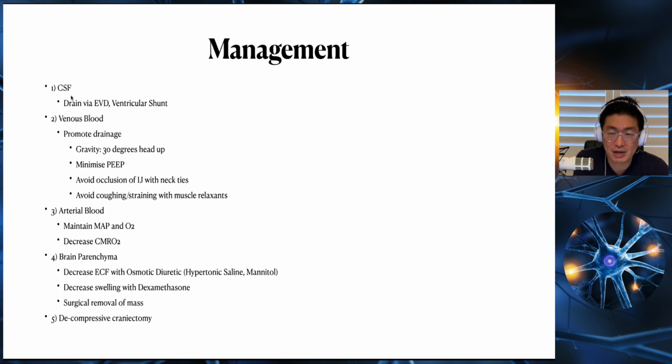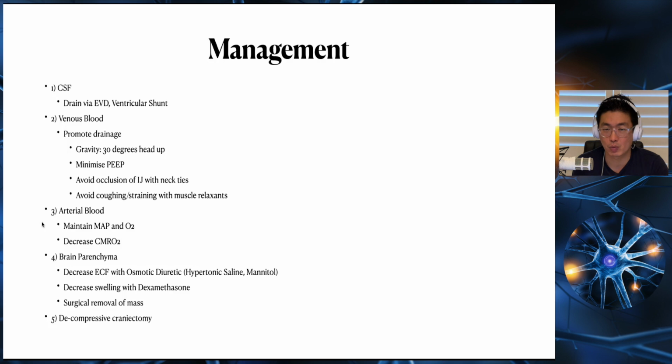So with CSF, we talk about draining via extraventricular drain or ventricular shunt. Venous blood, you want to promote drainage through gravity, minimizing PEEP, avoid occlusions, avoid coughing and straining. Arterial blood is more about maintaining your pressure and your oxygenation, okay, and reducing demand.